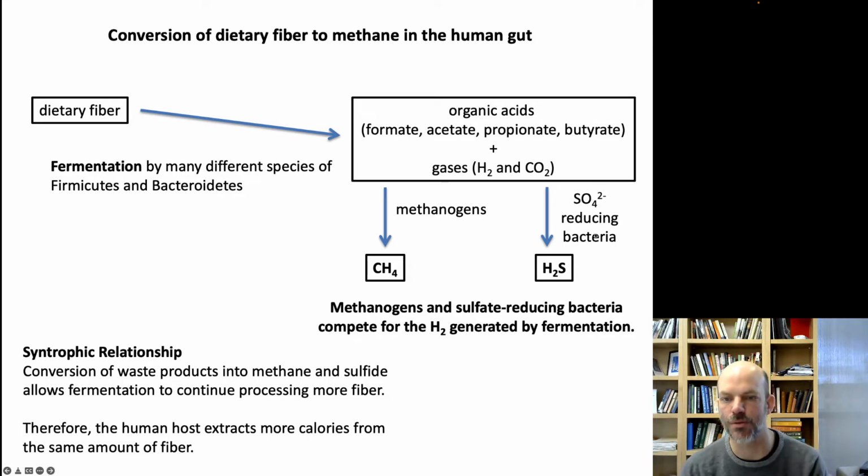And we've talked about before how the competition for hydrogen and carbon dioxide between the methanogens and sulfate-reducing bacteria will determine whether the gases that you release from your digestive system are flammable or if they're stinky. So if they smell like rotten eggs, it's because you had sulfate-reducing bacteria winning this competition. If your gas is flammable, then it was because the methanogens won the competition.